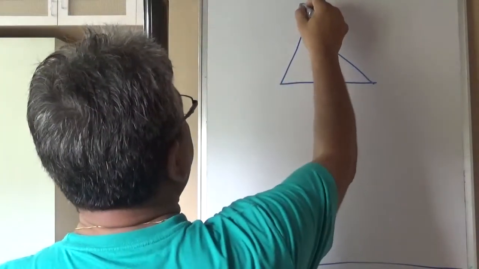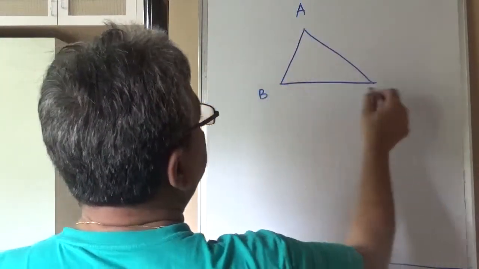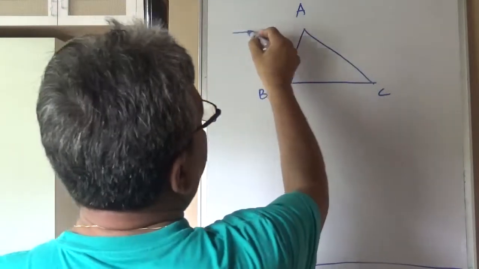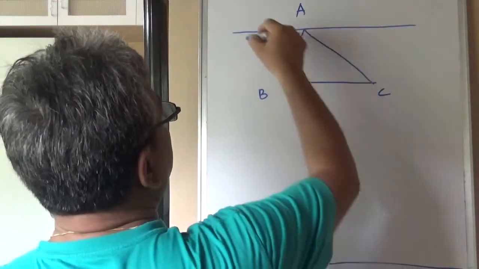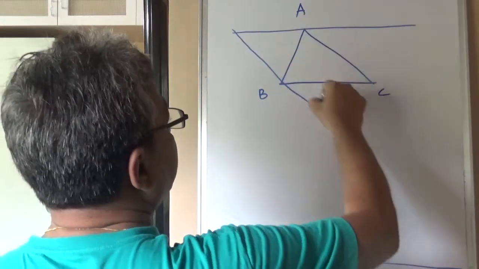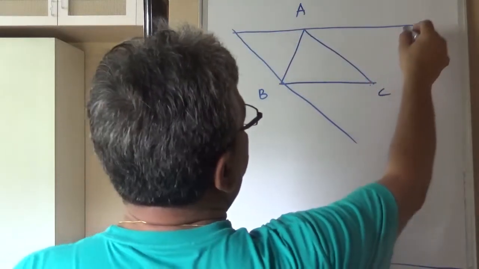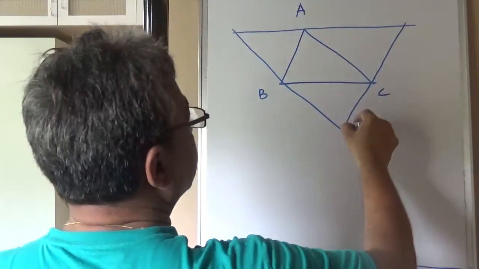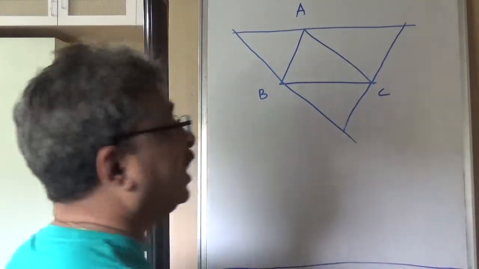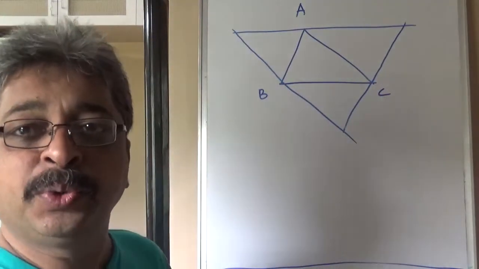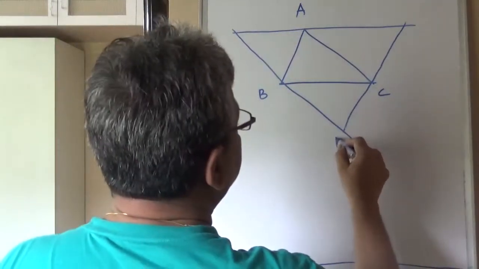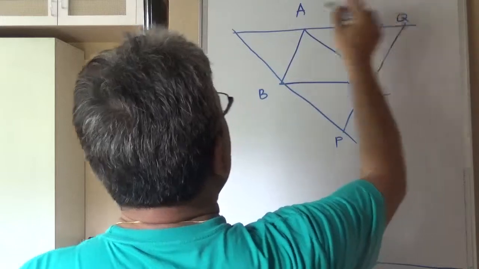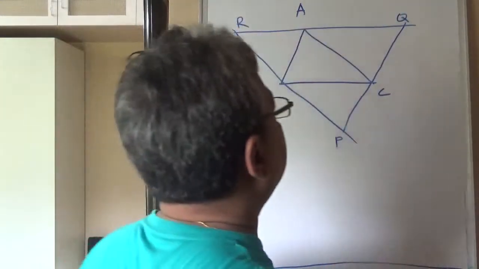So for concurrency of altitudes, we draw lines passing through A parallel to BC, through B parallel to AC, and through C parallel to AB. Because these three lines are parallel to the sides of the triangle, they will intersect. Let us call these intersection points P, Q, and R.